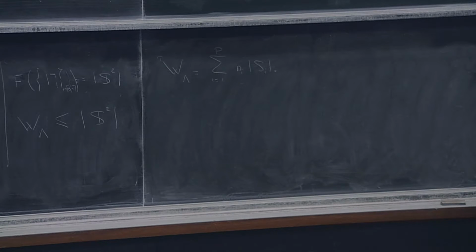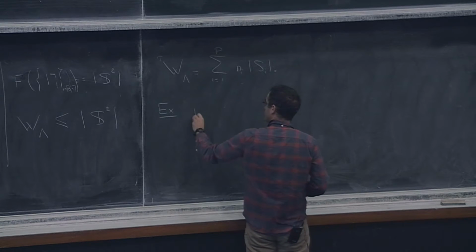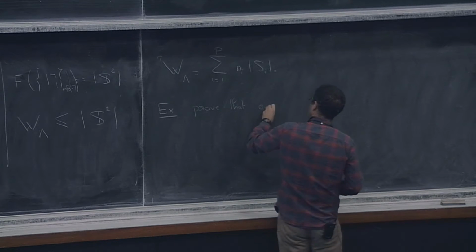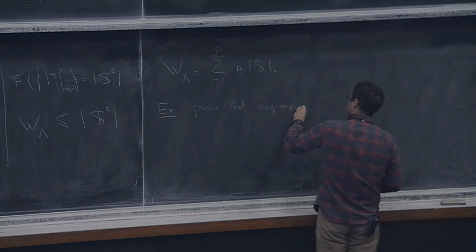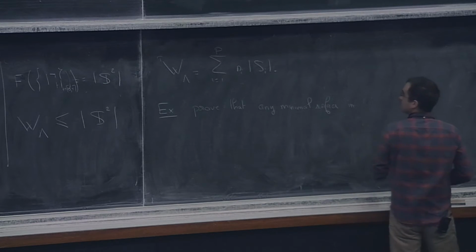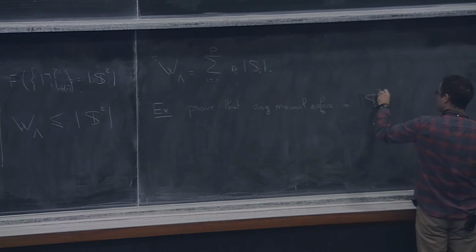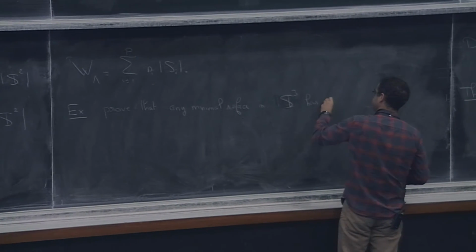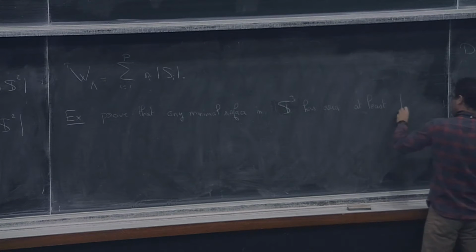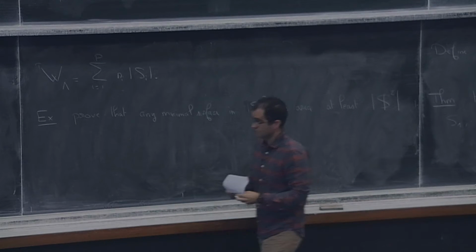But there was an exercise before: prove that any minimal surface in the unit 3-sphere has area at least the area of the equator, so at least the area of the unit 2-sphere.